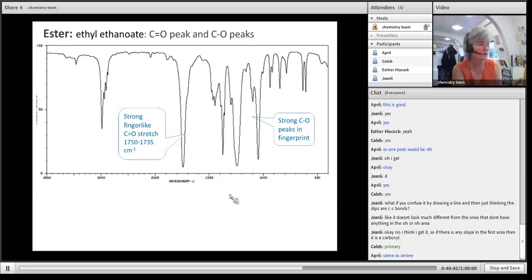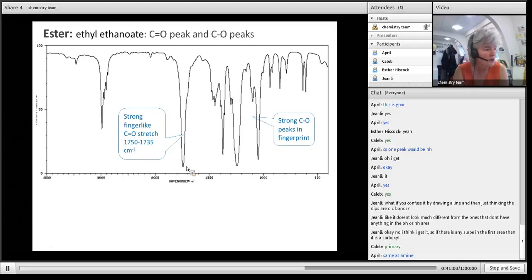So if you look at this, my gut feel is it's an ester because I have these strong peaks here, but remember what I said, never ever base your initial explanation on the fingerprint area. Only use it after you've worked out what it could be and it supports your molecule.